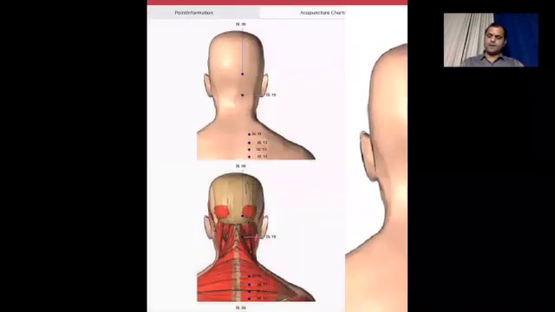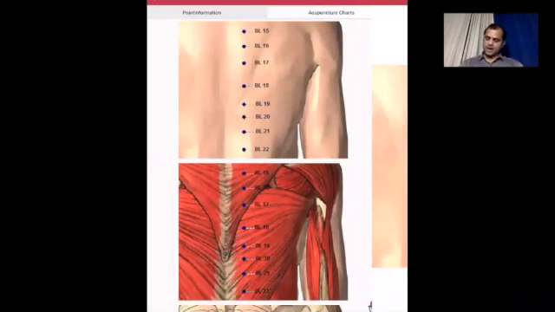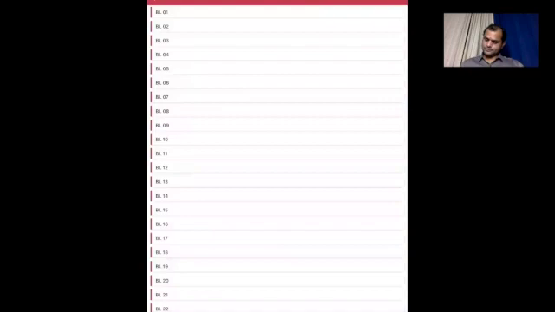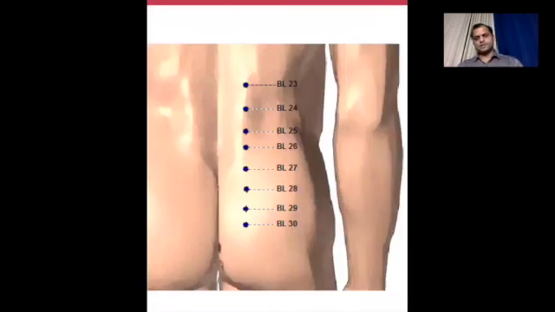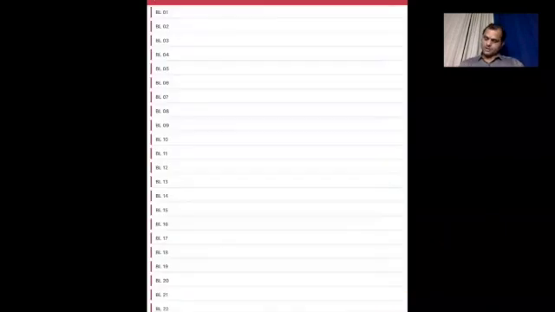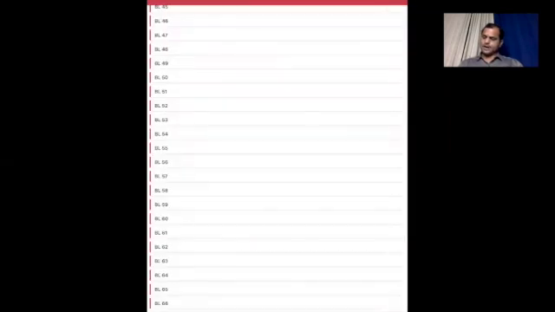Reaching the back side, supplying the back part and further going down, supplying the whole upper back, middle back, even lower back and buttock part of the body. It is going in the same way, crossing all the back part of the body, including the spine and the back part of the leg.